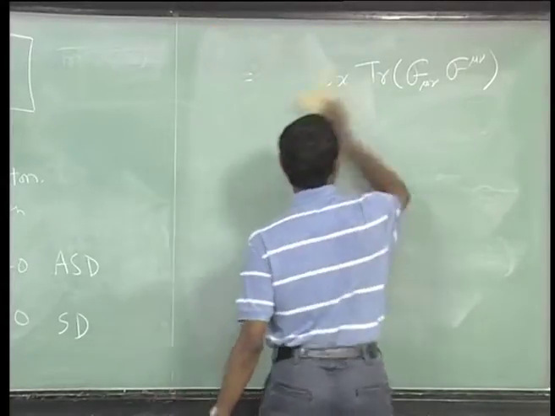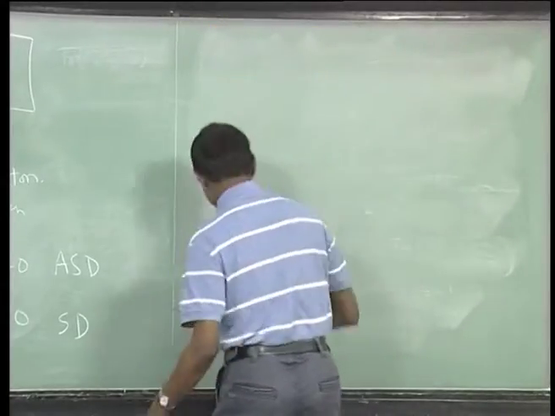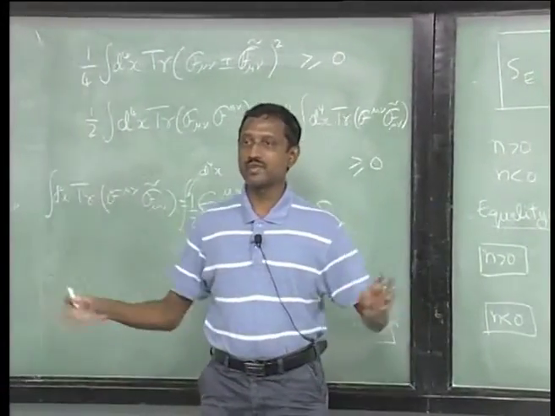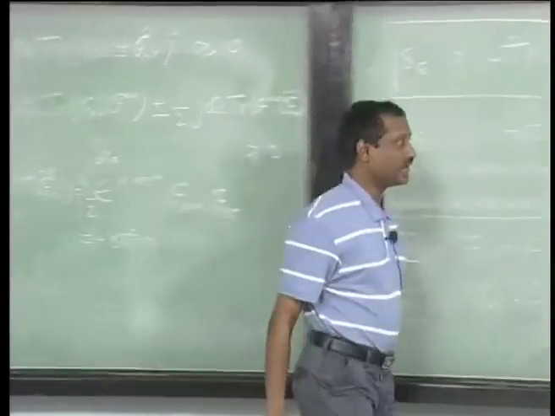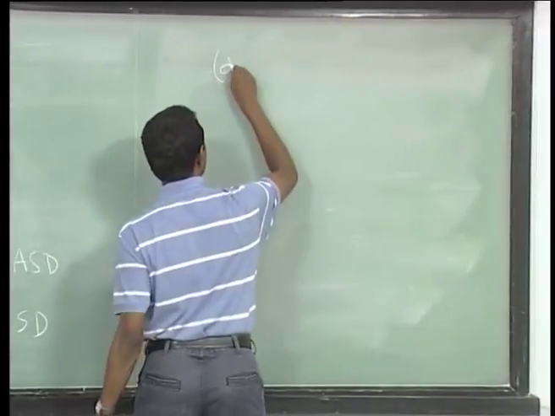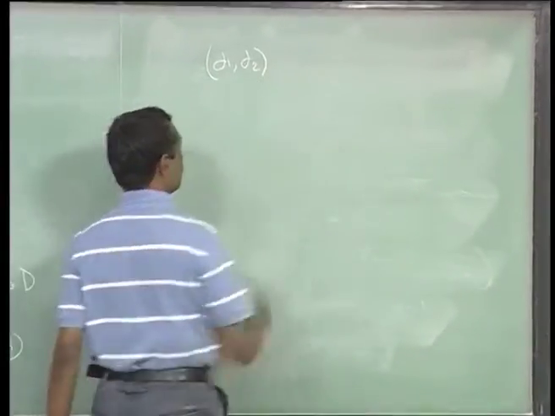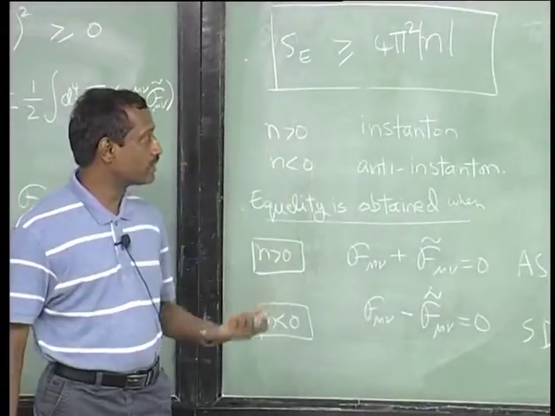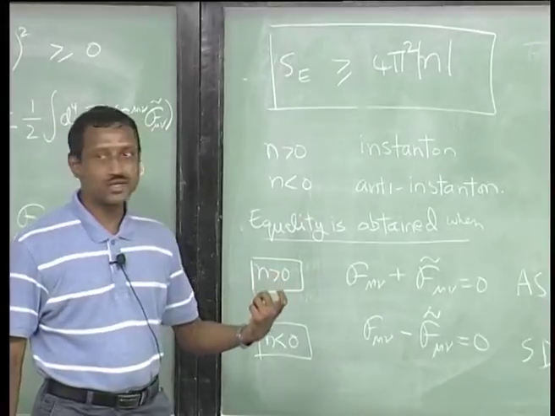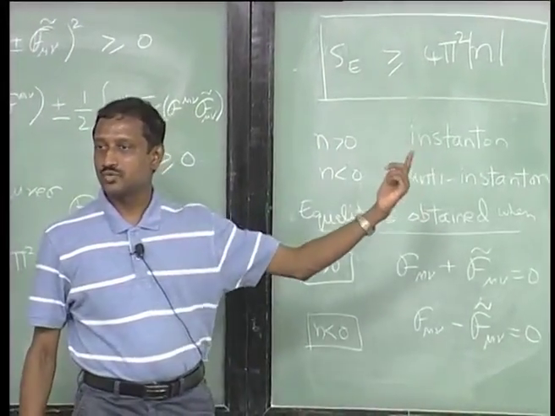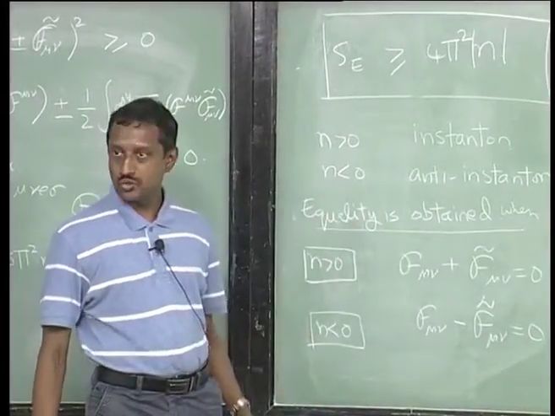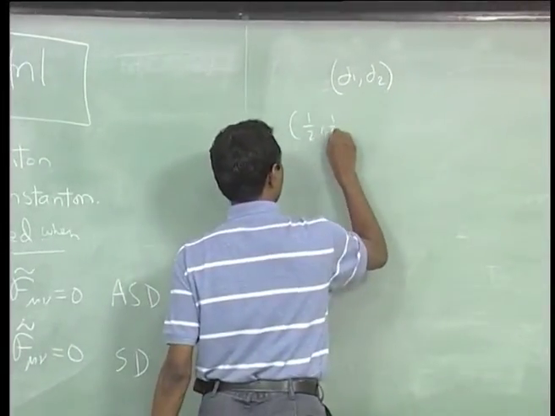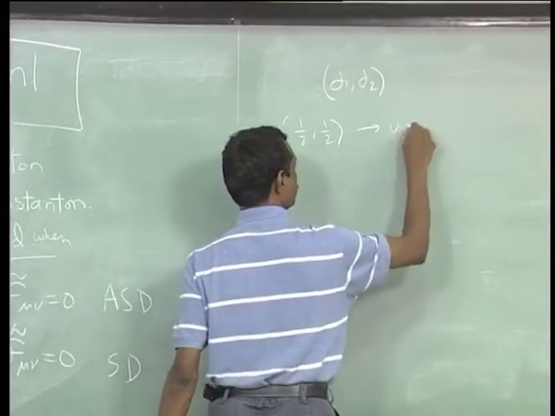I have a remark to make. If you remember when we did representation theory of the Lorentz group, we saw there were 2 SU2s, and any object which transforms in a nice representation of the Lorentz group would be specified by 2 numbers, J1 and J2. For instance, we saw that (1/2, 1/2) was the vector.